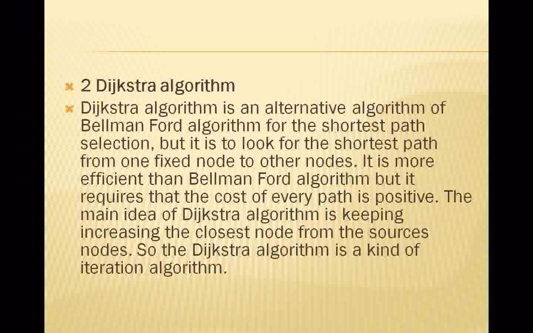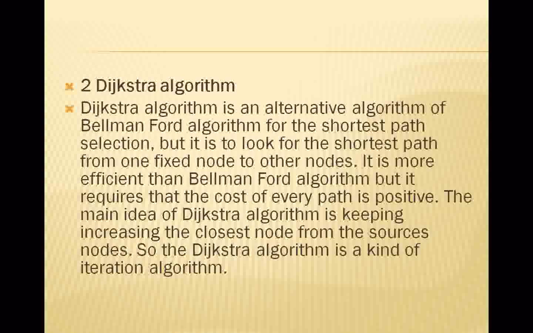And the second main algorithm is called the Dijkstra algorithm. The Dijkstra algorithm is an alternative to the Bellman-Ford algorithm for shortest path selection, but it looks for the shortest path from one fixed node to other nodes. This is different from the Bellman-Ford algorithm.